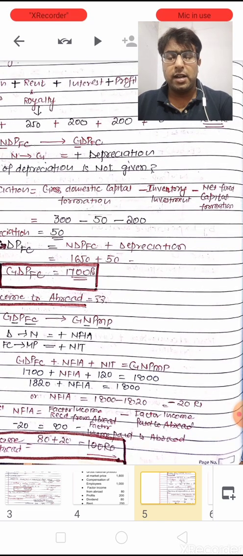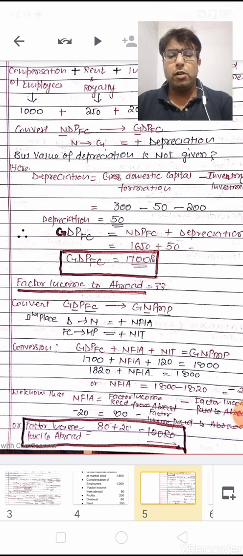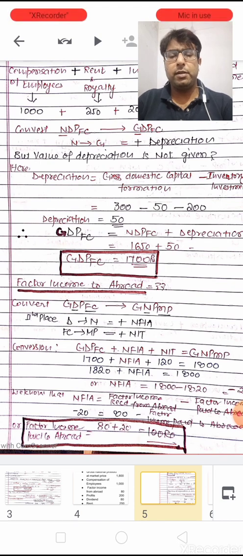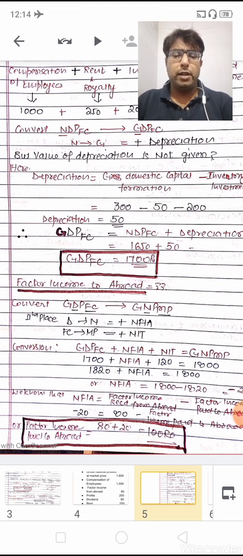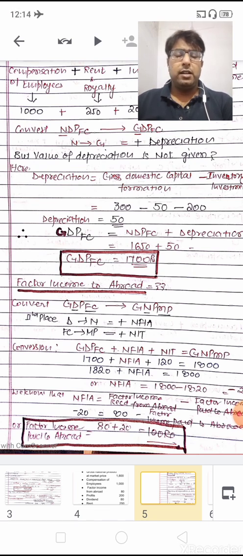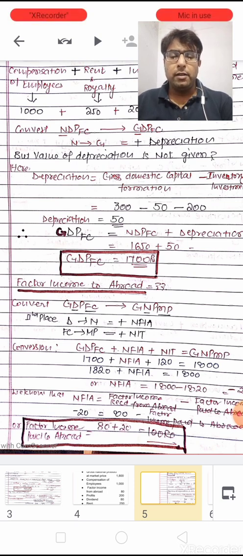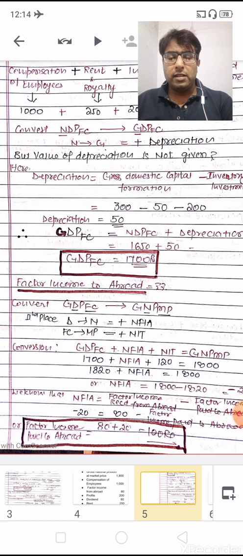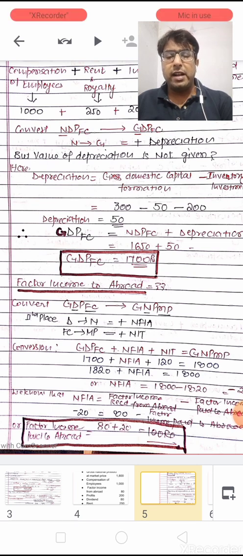So children, we all know very well that NFIA is equal to factor income received from abroad minus factors income paid to abroad. The value of NFIA is minus 20, whereas factors income received from abroad is 80, minus factors income paid to abroad. So children, here we are sending the factors income paid to abroad to the left hand side and sending minus 20 to the right hand side.